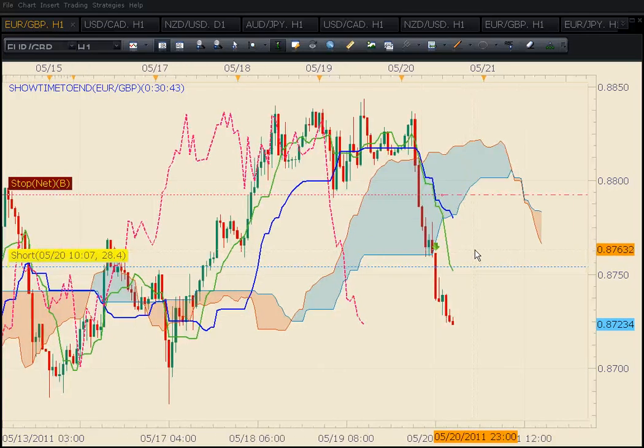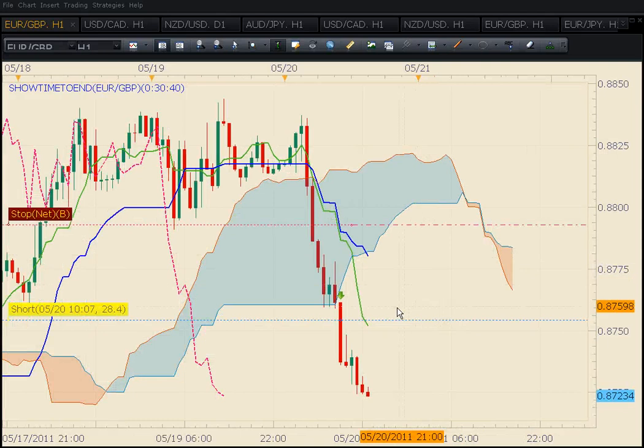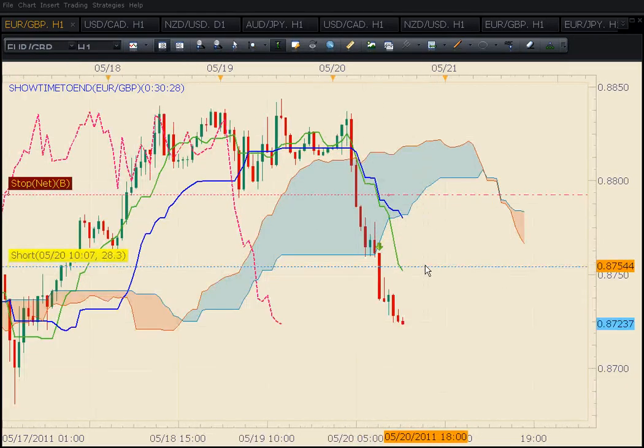A lot of times, another thing that you do, I'll show you on another trade that I do. I do this Kumo break, but I set price alerts so that I know when the price gets there. I put it a little ahead so I can get prepared. But you always have to have a checklist.